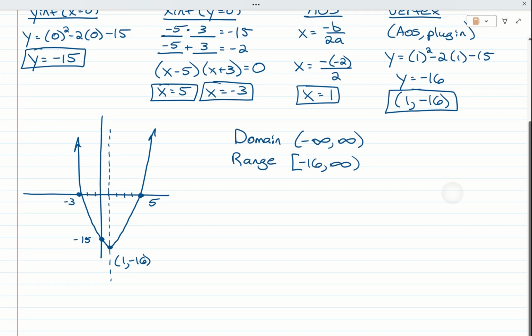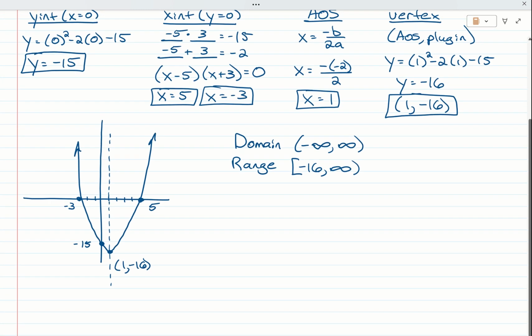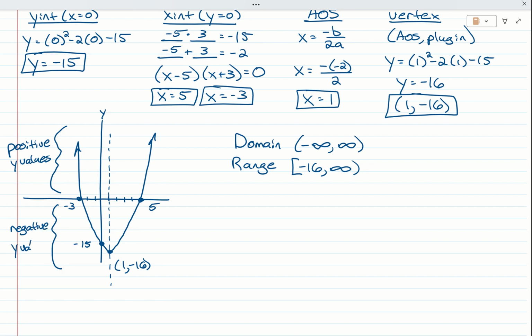Something else I want you to recognize are the y values. Remember, this is your y-axis. These y values are positive. These y values are negative. Instead of saying y, we could also say f of x.